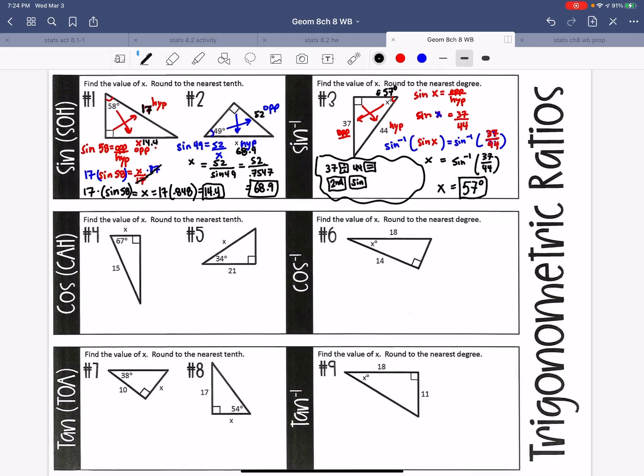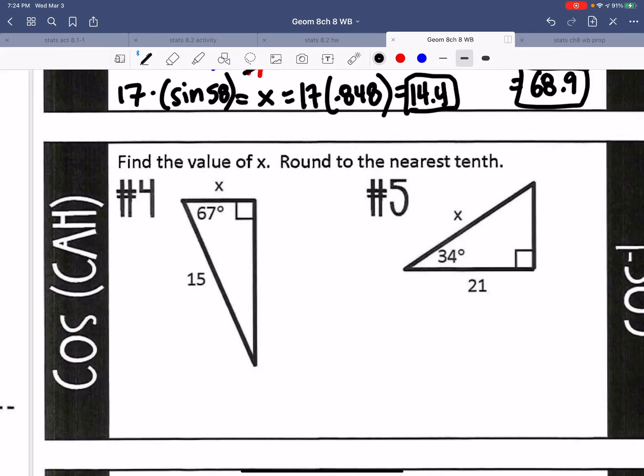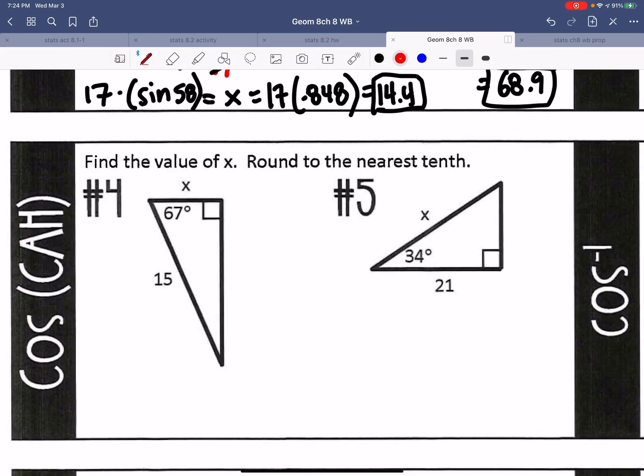So how can we do the same type of thing, but with a different trig function? So let's take a look. If my reference angle is 67, and I go opposite that, there's nothing there. If I go opposite the box, I get my hypotenuse, and my leftover side is the adjacent. So notice we need the cosine of 67 here as the ratio adjacent over hypotenuse.